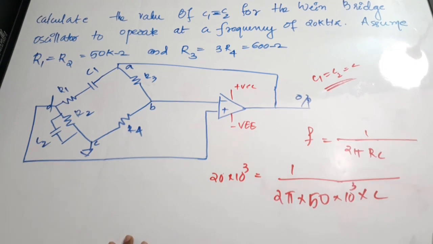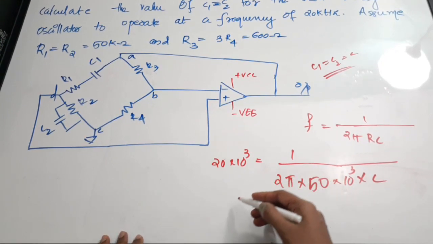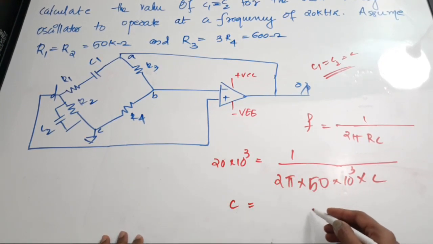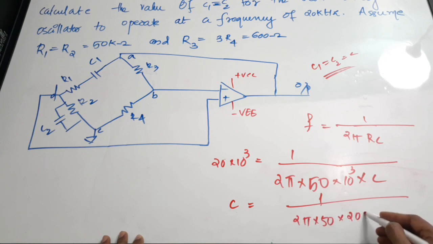So we are going to find the value of C here. C is equal to 1 by 2 pi into 50 into 20 into 10 raised to 3, into 10 raised to 3, which is 10 raised to 6.